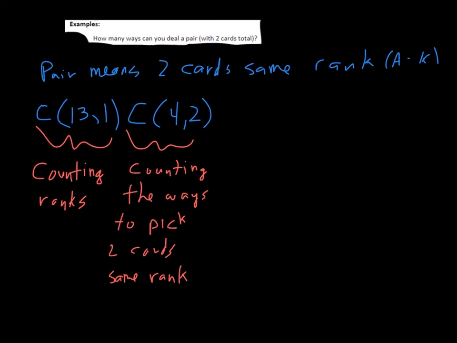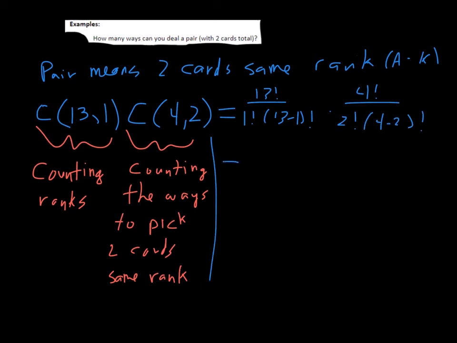And so this will work out to be combinations of 13 objects one at a time, which is 13 factorial over 1 factorial times 13 minus 1 factorial, multiplied by 4 factorial over 2 factorial times 4 minus 2 factorial.